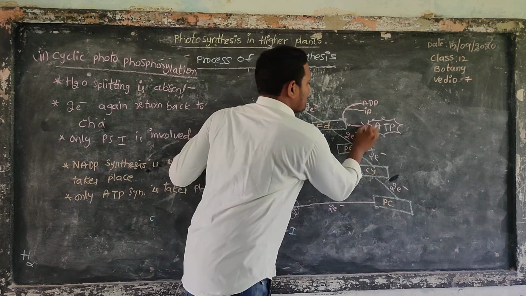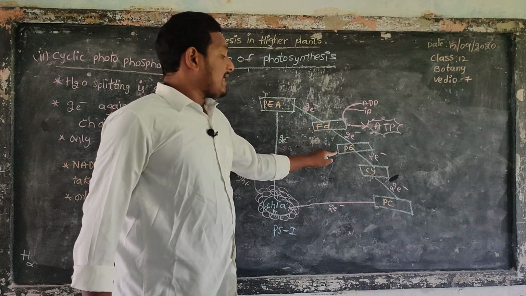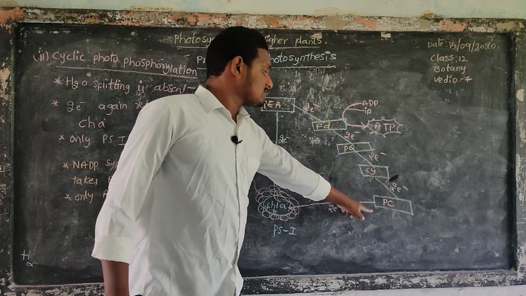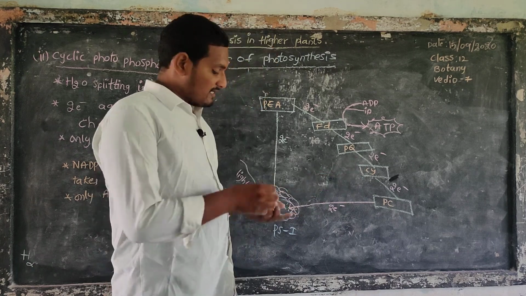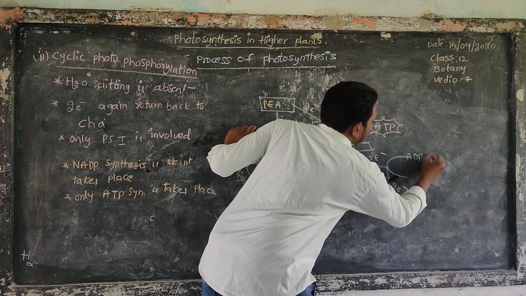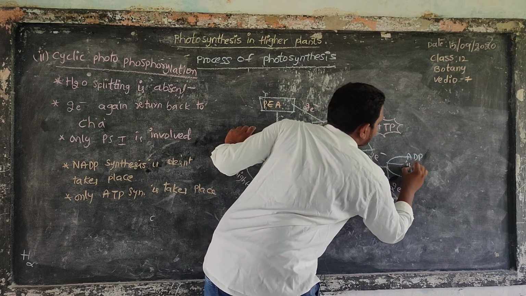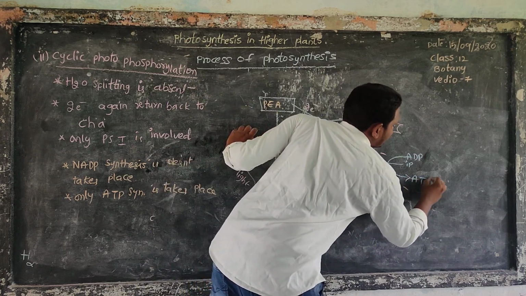Next, ferredoxin to plastoquinone sends to cytochrome, which sends to plastocyanin. At the traveling time of plastoquinone, here also the same: ADP plus one inorganic phosphate join together to form one more ATP.